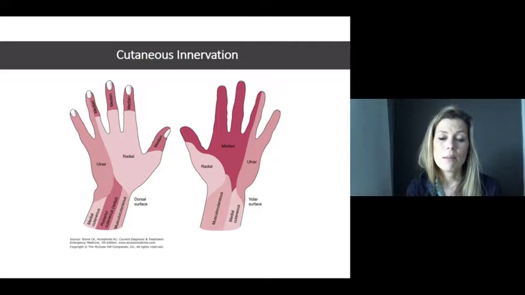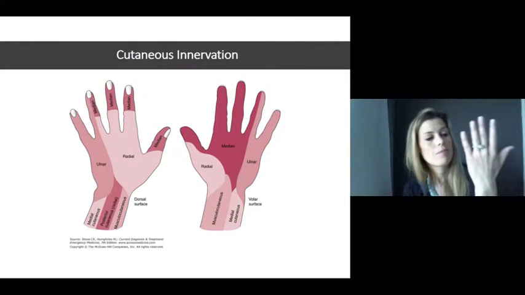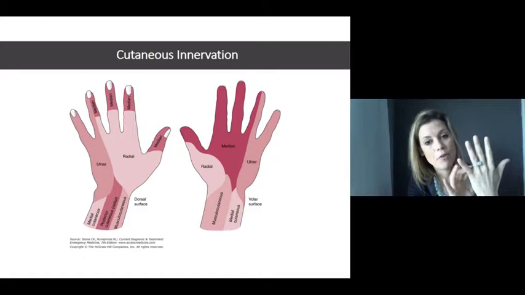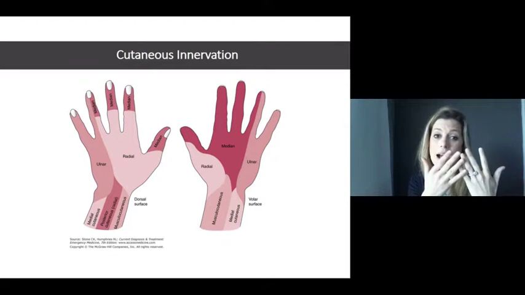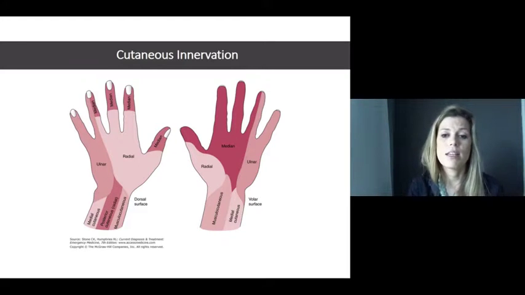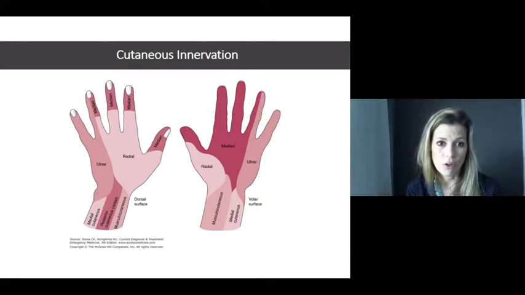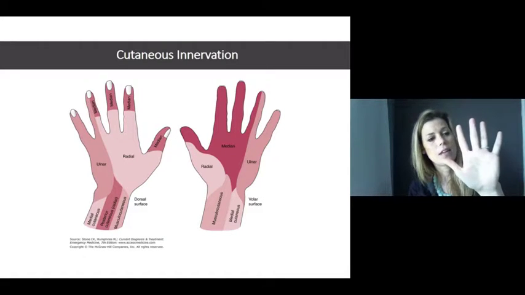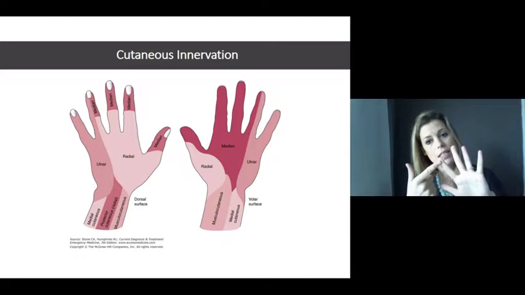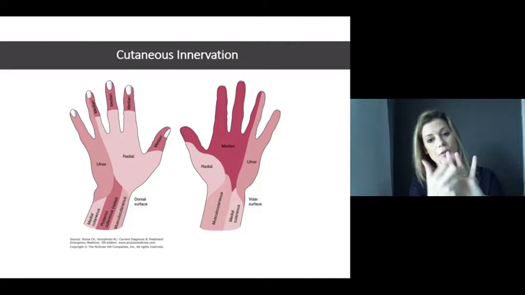If somebody comes in reporting numbness and tingling through the small finger and half of the ring finger, on both the back of the hand and the anterior aspect of the hand, you can see here that that is all ulnar nerve territory. And then the median nerve, on the anterior aspect of the hand, picks up the thumb, the index, the middle, and half of the ring finger.